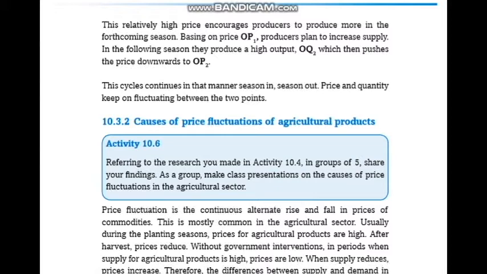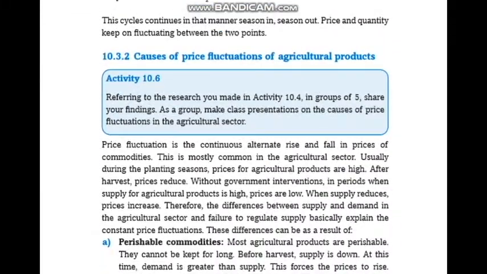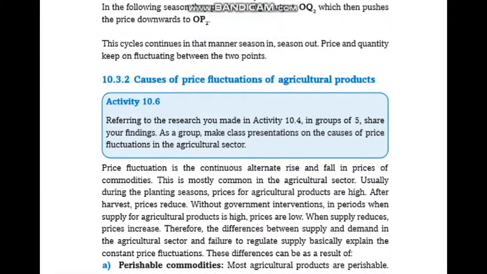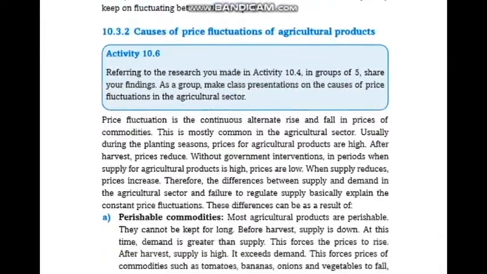Based on the price OP1, producers plan to increase supply. In the following season, they produce a high output OQ2, which then pushes the price downwards to OP2. These cycles continue in that manner. Season in, season out, price and quantity keep on fluctuating between 2 points, which we call a regular cobweb.